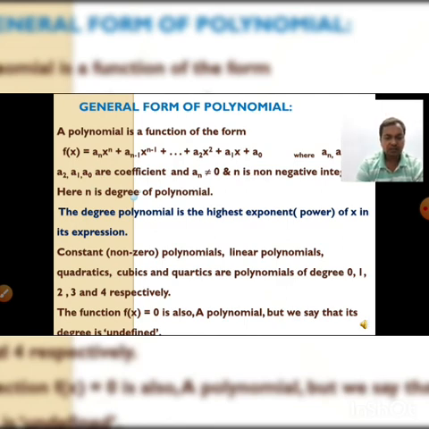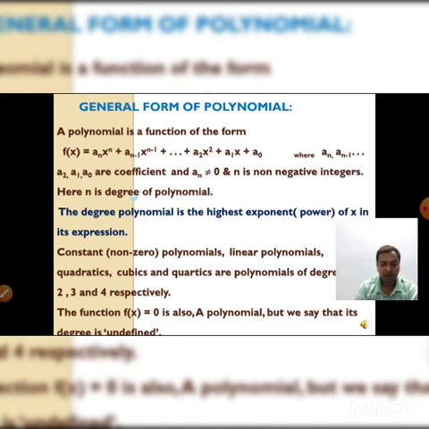Now the general form of polynomials. A polynomial is a function of the form f(x) is equal to an x to the power n plus an minus 1 x to the power n minus 1 plus, and so on, plus a2 x square plus a1 x plus a0, where an, an minus 1, and so on, a2, a1, a0 are coefficients, and an is not equal to 0.